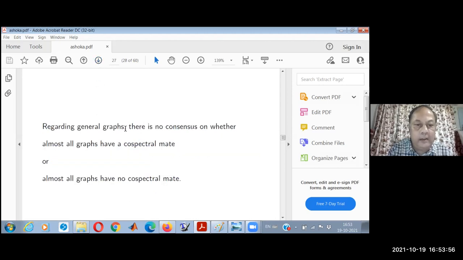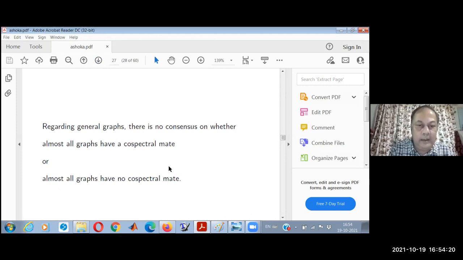And for general graphs, people have looked at this problem, and there is no consensus, interestingly. Both kinds of views keep coming up: some people think that almost all graphs have a co-spectral mate, while an equally powerful second group says that almost all graphs have no co-spectral mate. So in general, it's hard to decide.